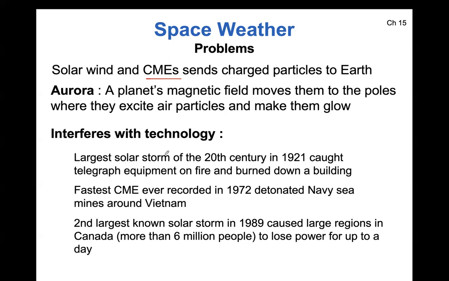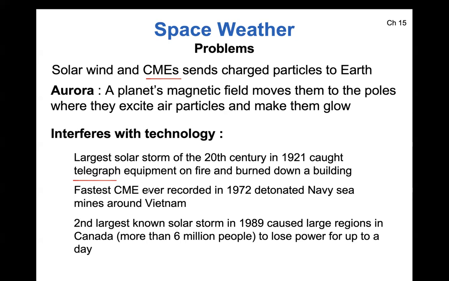The largest solar storm which took place in the 20th century was back in 1921, when it caught telegraph equipment on fire and burned down a building. How did that happen? Because the telegraph equipment acted like an antenna that picked up the energy coming in down the field lines, and essentially that antenna was able to resonate or pick up all that energy, and that caused the telegraph cables to heat up more than they were intended to do.